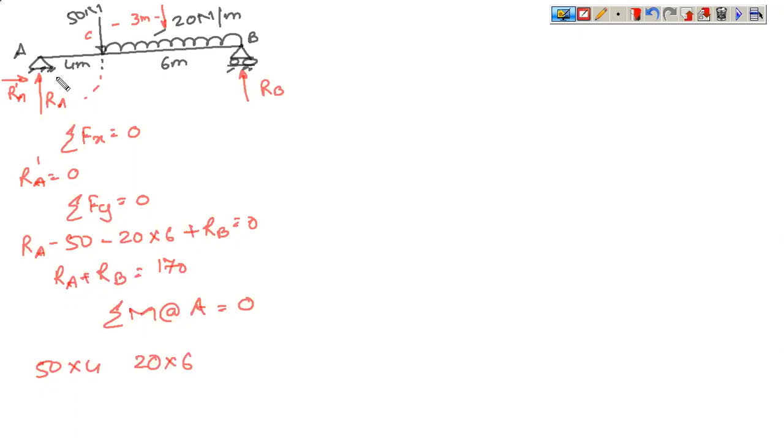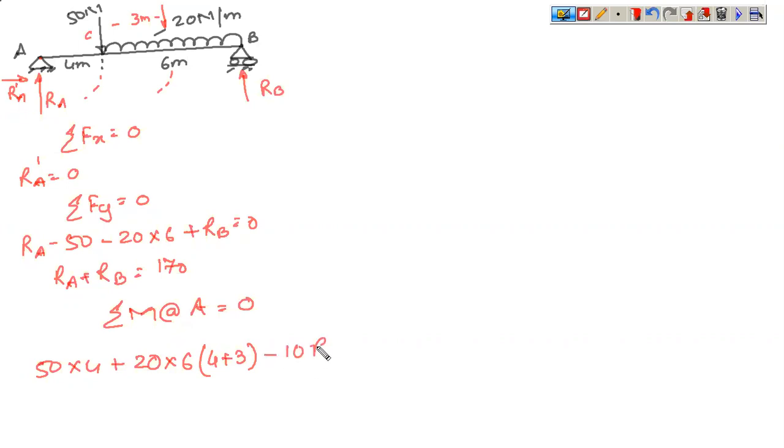But you need to find out the distances from point A because you are taking moment about point A. So from point A, this will be resolved at a distance of 4 plus 3, and this is in this direction. So this is clockwise in nature. So this is plus. Now RB is how much?